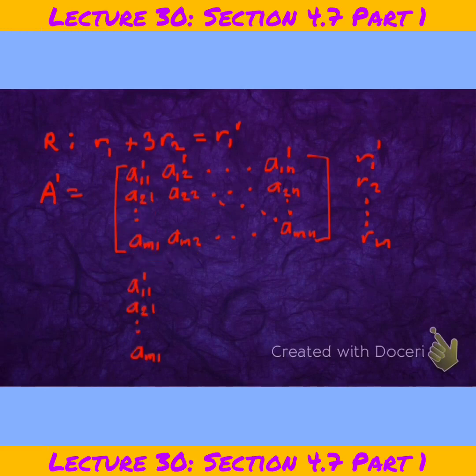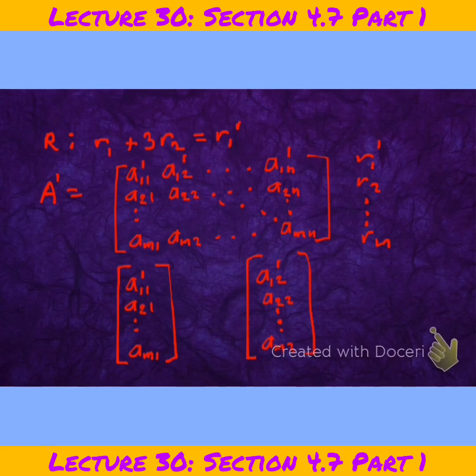I take my first column vector, I take my second column vector there, and write the 0 vector as a linear combination of those two column vectors. Let's call the coefficients C1 and C2. Now we want to show that C1 must be 0 and C2 must be 0.